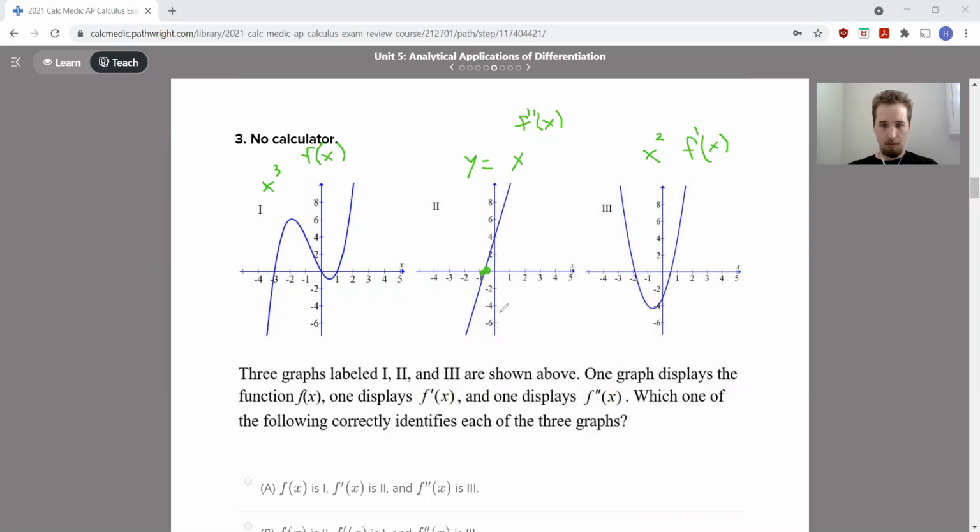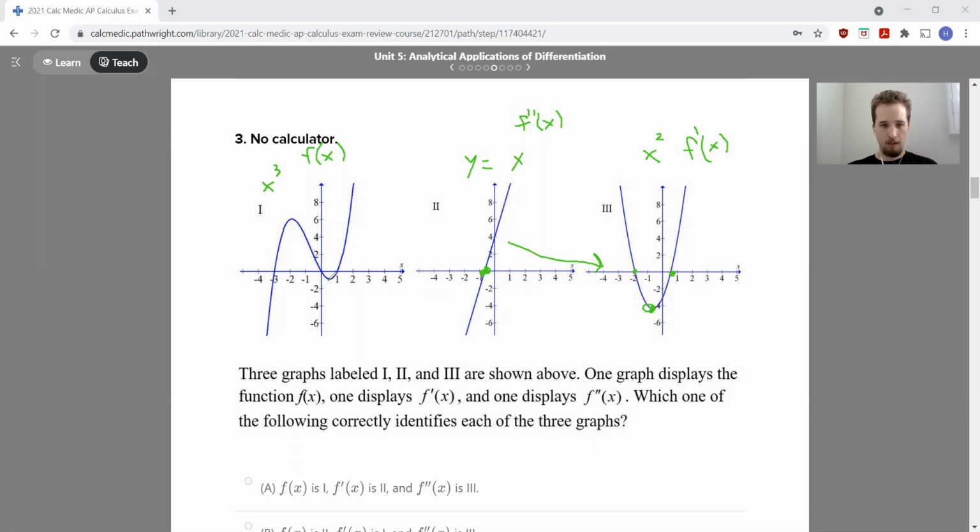You could recognize, hey, at x equals maybe negative 0.8, there's a slope of 0. So if you take a look at here, there's a local minimum. So this must be the derivative of this one. And same here, you could say, oh, there's zeros at negative 2 and positive 0.5.